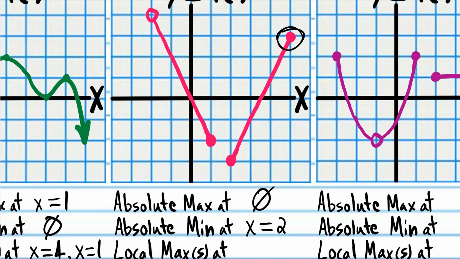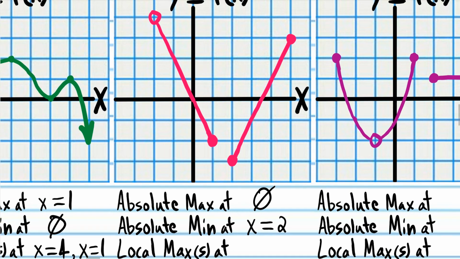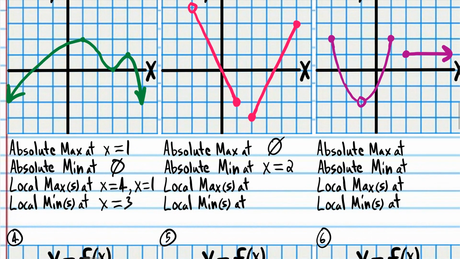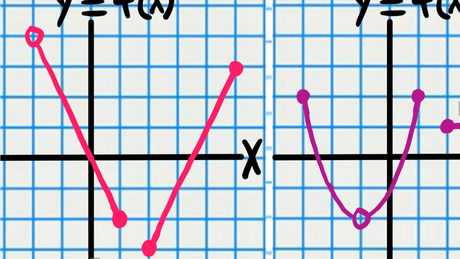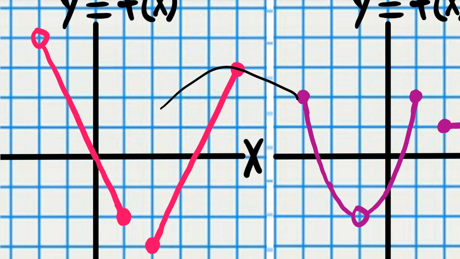But this is actually not considered to be a local maximum. Now, why is that? Well, mathematicians consider a y value to be a local maximum if there are points both to the right and the left of it that have y values that are smaller than that y value.